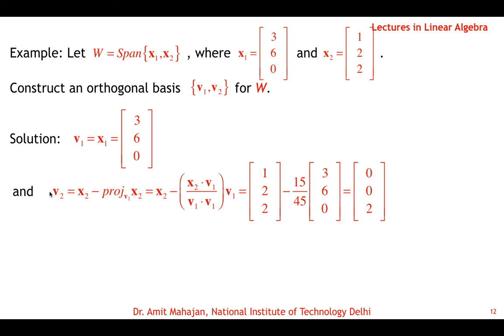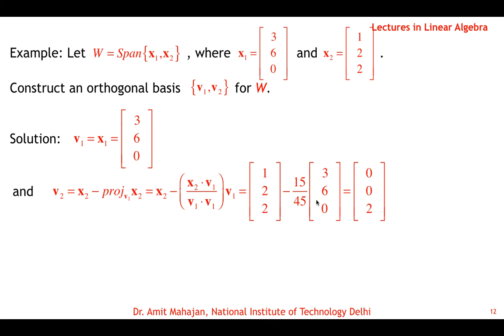By the formula, this is x2 dot v1 divided by v1 dot v1 times v1. x2 is given as 1 2 2. The dot product x2 dot v1 is 3 plus 12 plus 0, so that's 15 in the numerator. The denominator v1 dot v1 is the squares added, so 9 plus 36, 45.